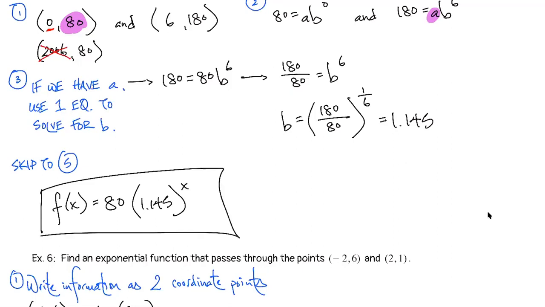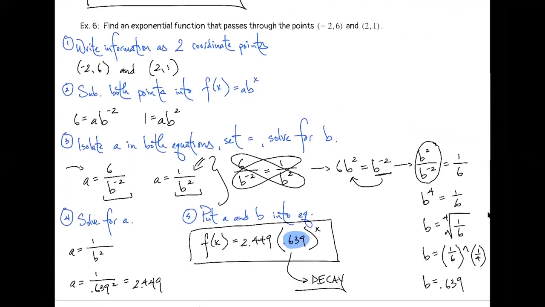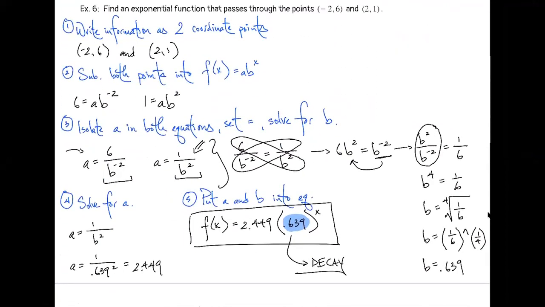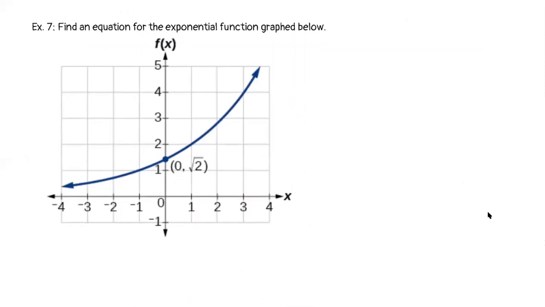Okay, so a little bit less work, only works when you're already given your A value. Otherwise, you got to do this longer way to find B and then find A. All right, let's do one last example here.